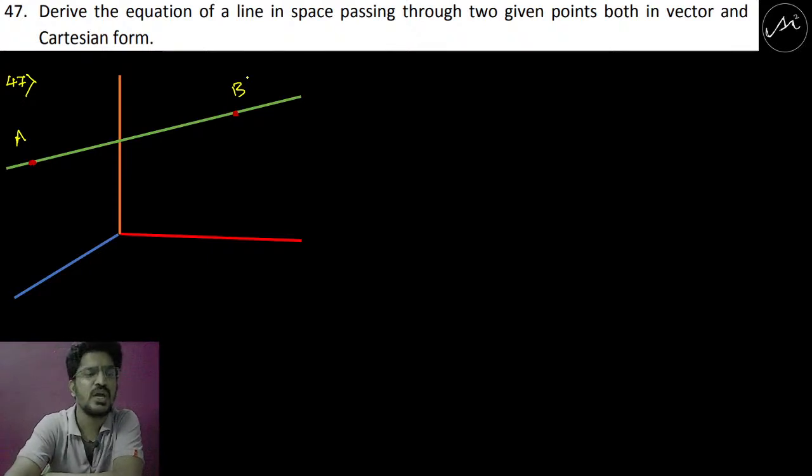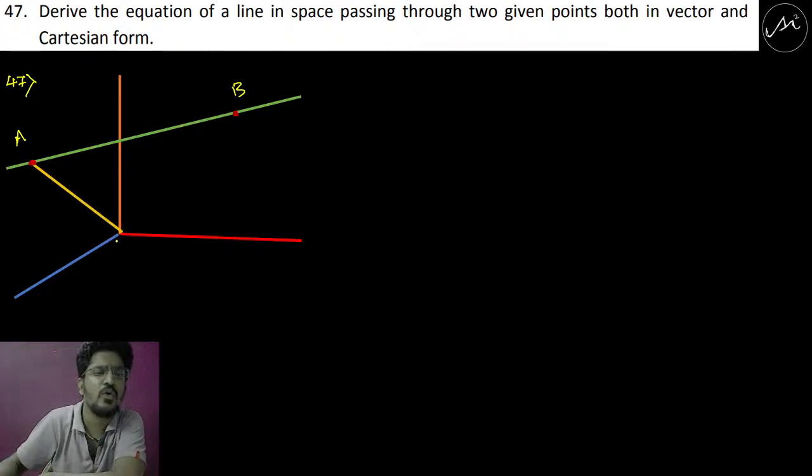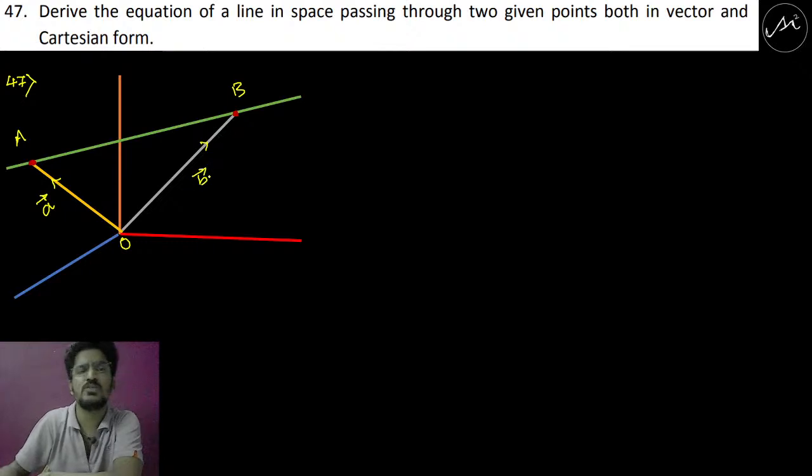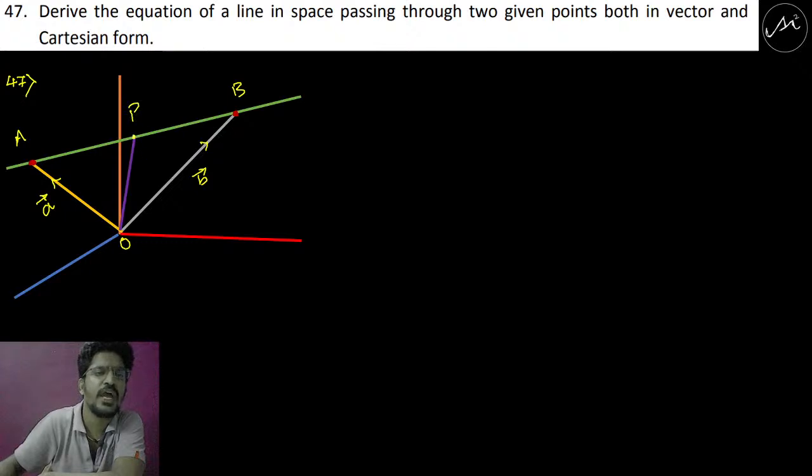For that, first I will take vector OA. I will take it as vector a, that is the position vector of point A. Next, vector OB, that is the position vector of point B, will be small vector b. And we can take one arbitrary point P, whose position vector OP is vector r.